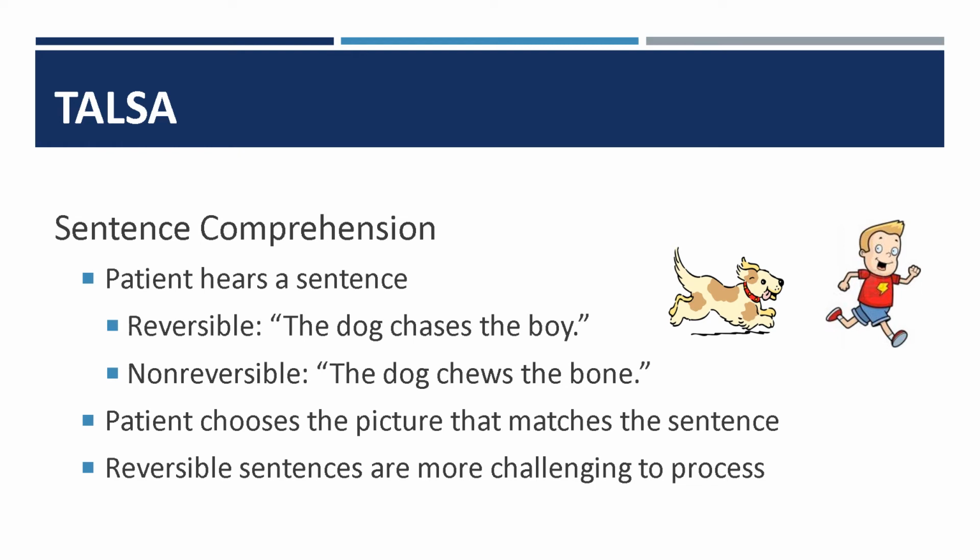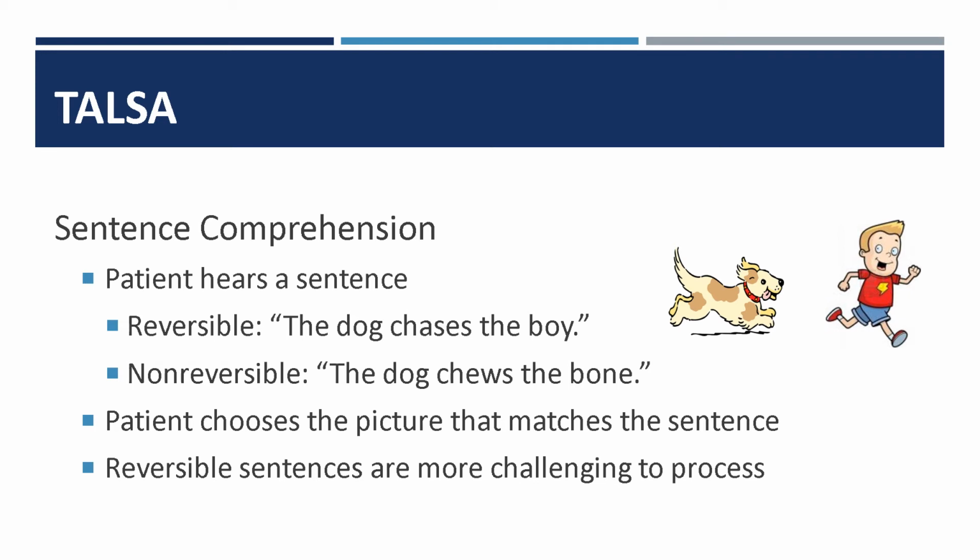Sentence comprehension assesses input processing. In this test, results are compared between processing sentences that are reversible and sentences that are not reversible. In a non-reversible sentence, swapping the subject for the object results in a sentence that doesn't make sense.